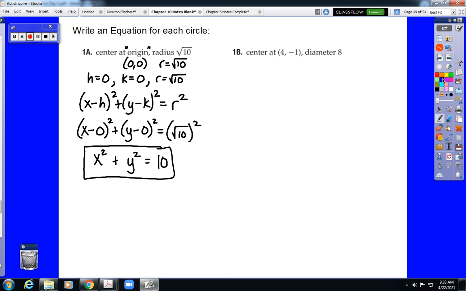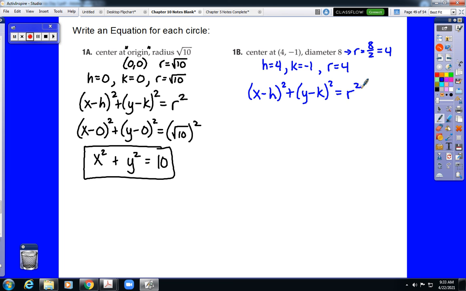In the second example, this one's probably a little bit easier for most of you. h is 4, k is negative 1, and if the diameter is equal to 8, then the radius is half of that, or 4. Again, (x minus h) quantity squared, (y minus k) quantity squared, equals r squared.